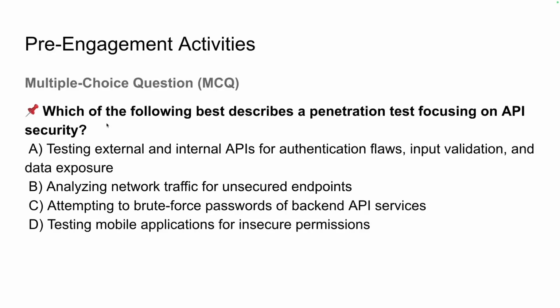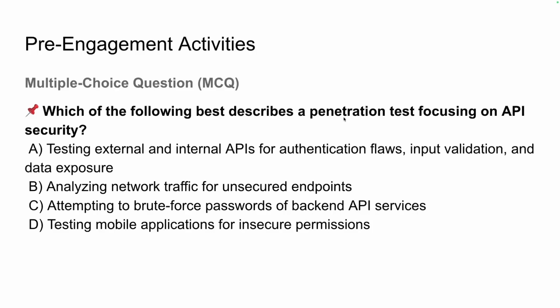All right, so multiple choice. Which of the following best describes a penetration test focusing on API security, which is the application programming interfaces? We have testing external and internal APIs for authentication flaws, input validation, and data exposure; analyzing network traffic for unsecured endpoints; attempting to brute force passwords of back-end API services; testing mobile applications for insecure permissions.